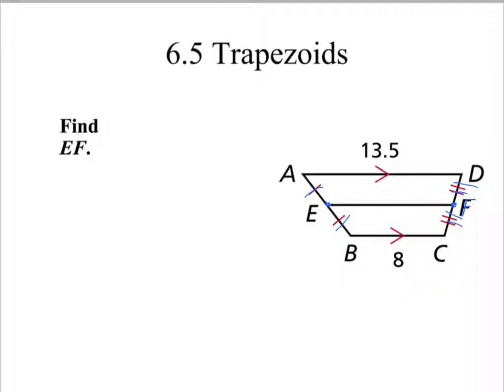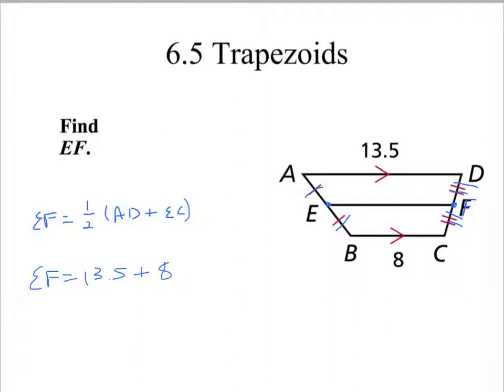Okay, so now we are looking for EF. Well, we know, according to our formula, that our mid-segment, EF, is going to be equal to half of the two bases added together. So we know that it's half of AD plus BC. So EF is equal to half, or dividing by 2, 13.5, which is AD, plus 8, which is BC.